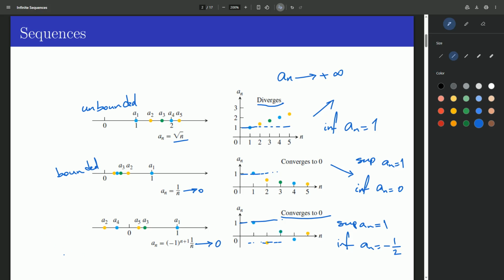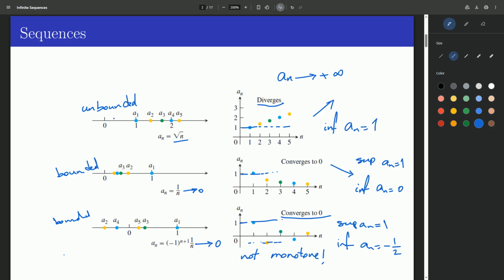So this one also is bounded, but this last sequence is not monotone. The terms of the sequence move up and down, so it is not monotone.